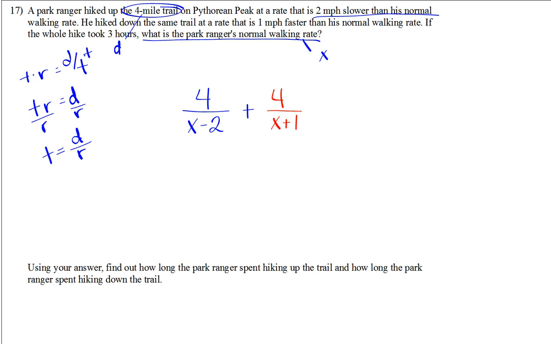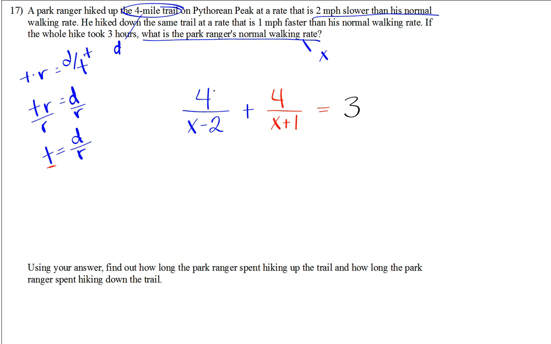So we have a distance divided by a rate, which is a time, plus another distance divided by a rate, which is equal to a time. So his time up the trail plus his time down the trail equals his total time on the trail, which we know to be 3 hours.